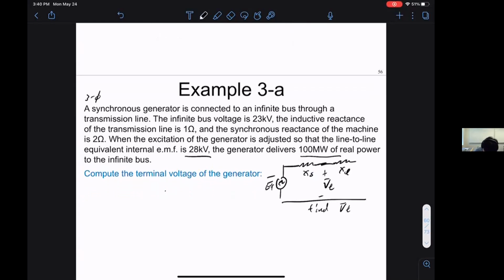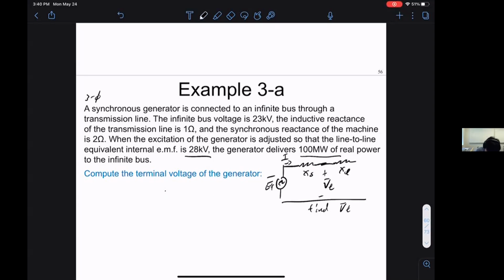The question is asking us, can you find VT, this voltage? The way to do it, first we'll figure out what EF is, such that we can compute the current flowing on this branch. We can compute the voltage drop across XS, and there are many ways we can figure out VT. Once we know the current, we can figure out VT.